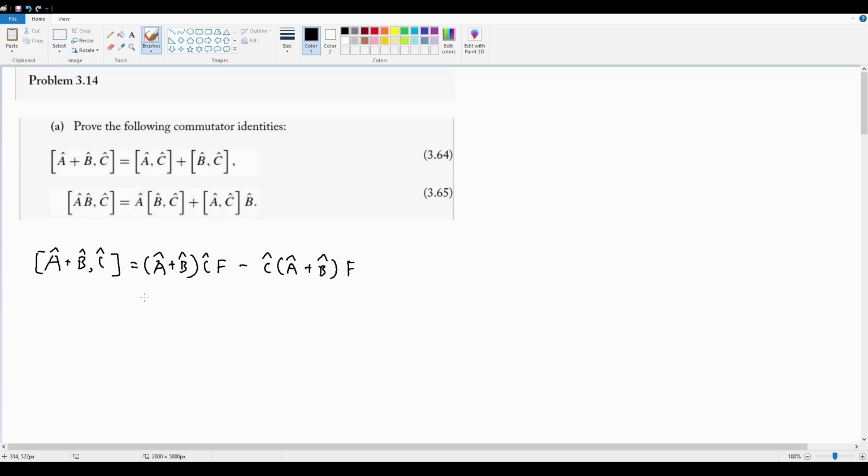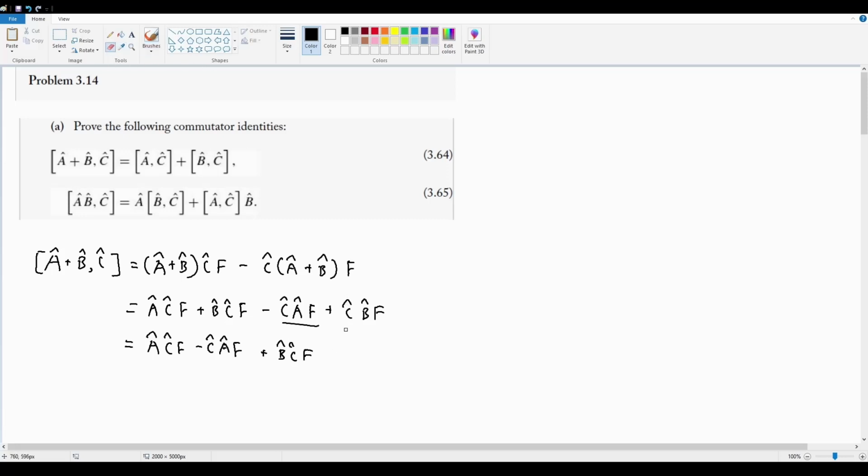And operators aren't commutative, but they are still distributive, so this can be written out as a hat c hat operating on f plus b hat c hat operating on f minus c hat a hat operating on f plus c hat b hat operating on f, in which case, if we rewrite this, this is a hat c hat f minus c hat a hat f, where I'm just moving this term over, right? And then this is added with b hat c hat f.